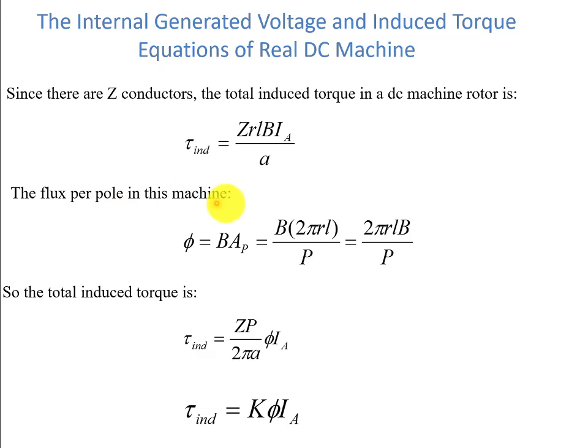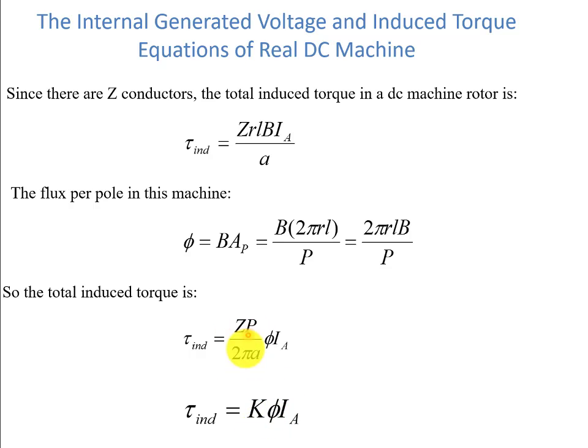The flux per pole in these machines will be phi equal to B AP, which is equal to B times 2 pi r L over P. If we rearrange this equation, inserting these values by multiplying and dividing, similar to what we did for the internally generated voltage EA, we find that it will be ZP over 2 pi A times phi times IA, where phi is 2 pi r L B over P, so it is written as K phi IA.